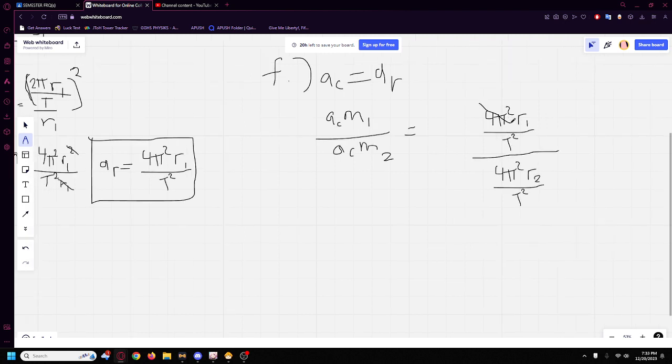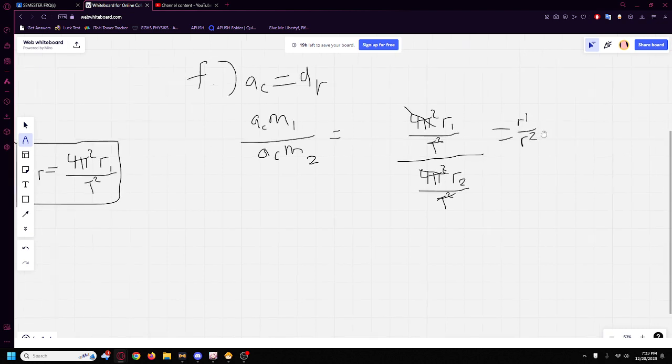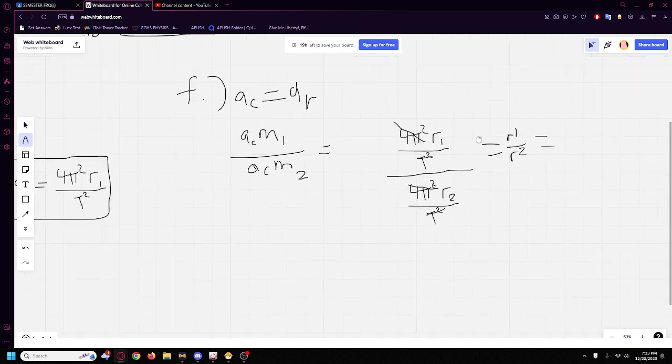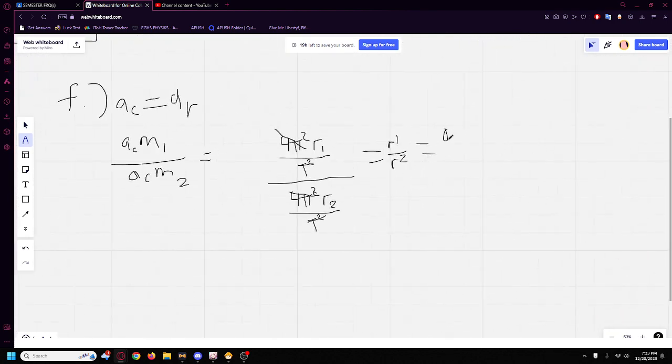The 4 pi squared and t squared cancel out, so it'll be equivalent to r1 over r2. So r1 is equal to 0.4 and r2 is 0.75. And that gives us 0.533 after we plug it into our calculator.